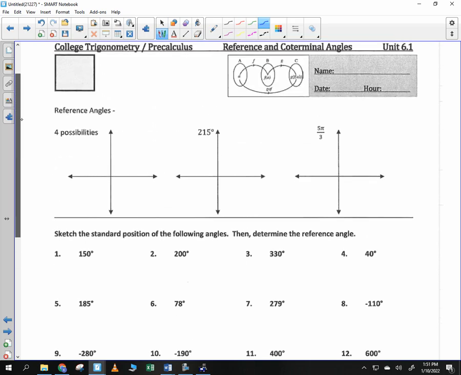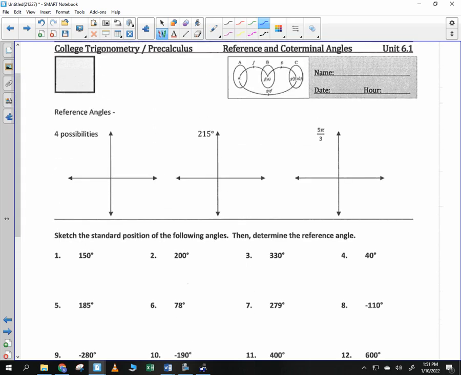Okay, we're going to have 2 shorter lessons today. I'm going to give a little bit of time to practice on this. Just within your assignment, you should see these reference angles. Okay, so just to summarize, there's a total of 4 possible angles.